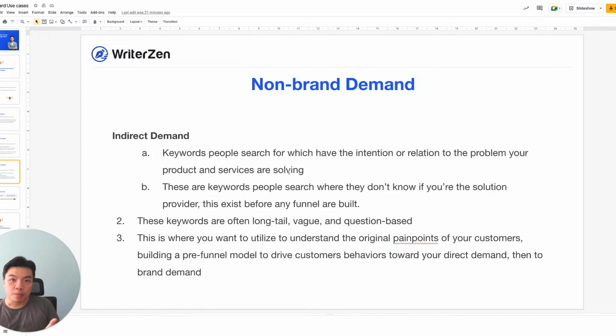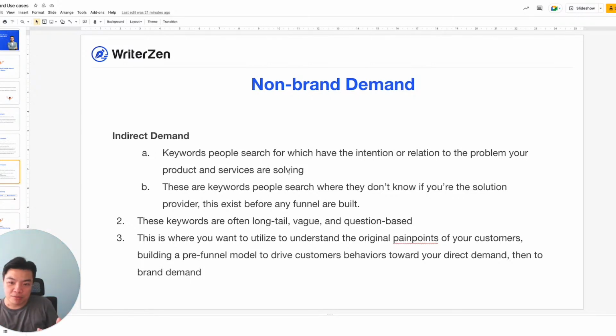They're not sure what the problem and the solution is yet. The product or service you provide could be one of the solutions. This is the beginning of every buyer journey, before they even know that there is a solution, there's a problem. So this is basically the first phase of their journey.